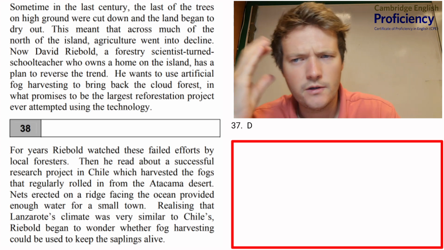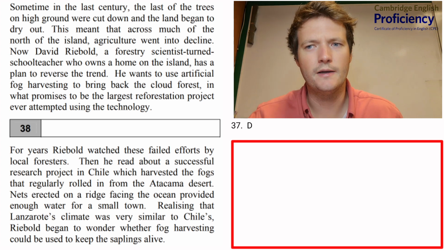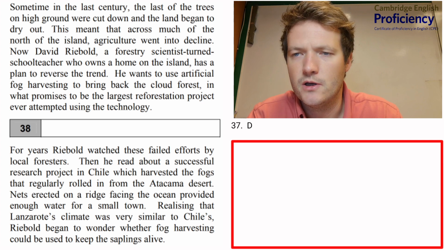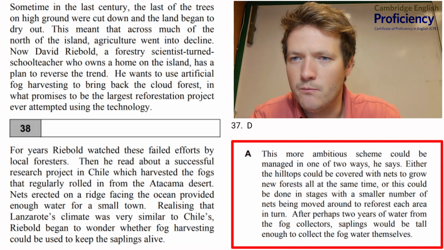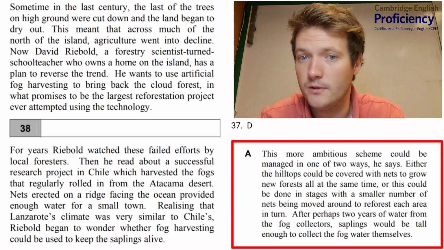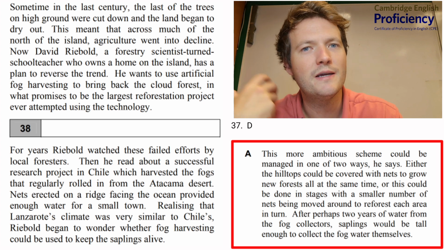Okay, let's go back and look at the options we've already looked at. We should be getting quicker at this now because we'll remember what we've already seen. So, A, this more ambitious scheme would be managed in one of 2 ways. Well, okay, so we're definitely talking about a scheme. My problem here is that it says more ambitious.